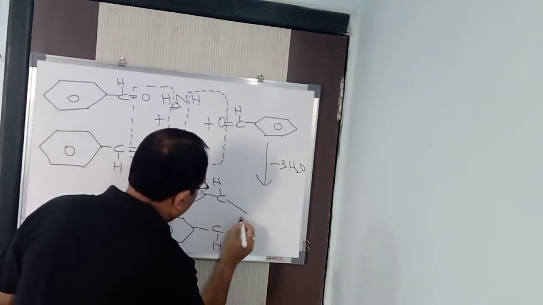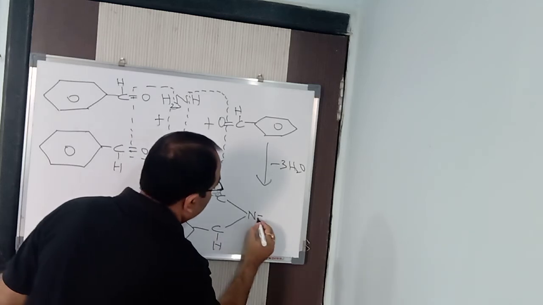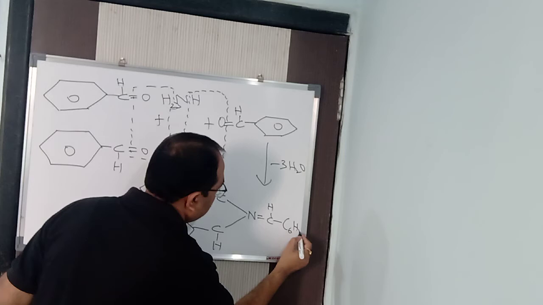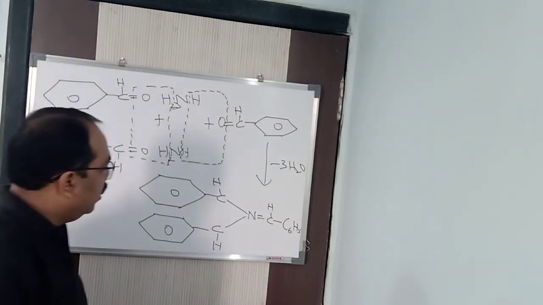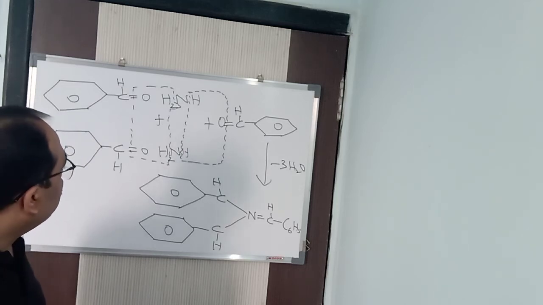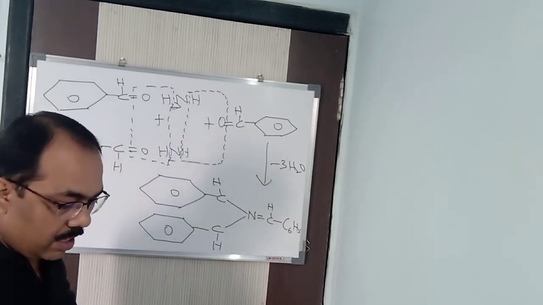So here it is N, and here it is double bond CH. I don't have the space, so I am writing C6H5, that also will do. Another this. Now count it and see whether it is being satisfied or not. Let us count it and see whether it is being done or not.